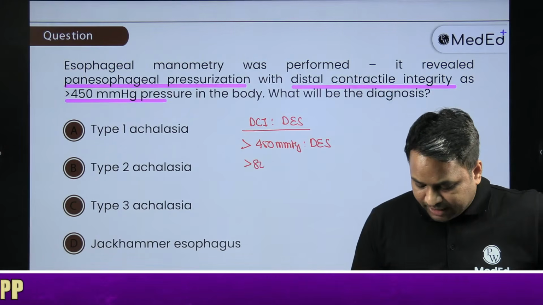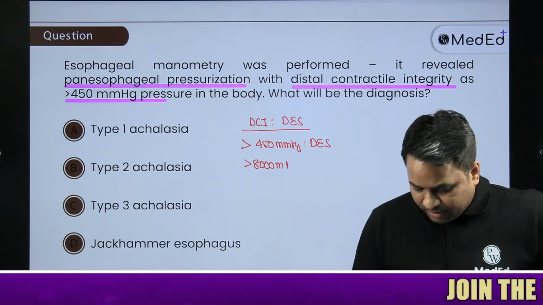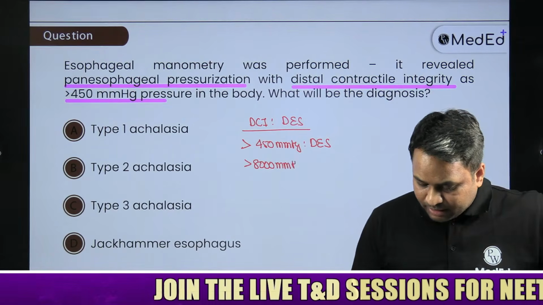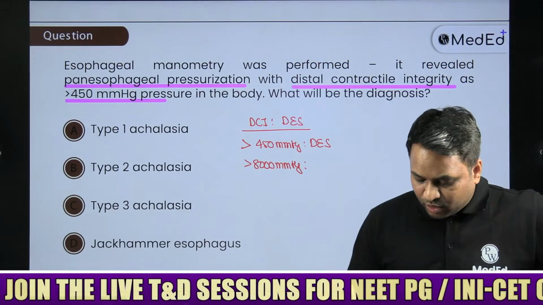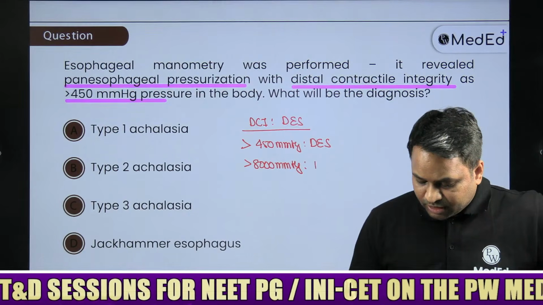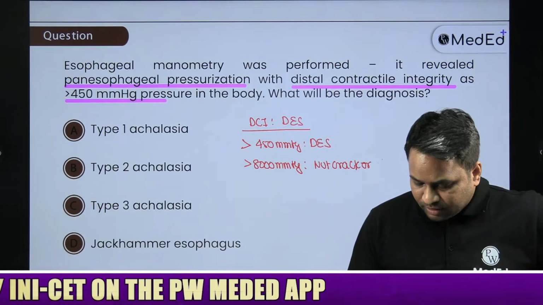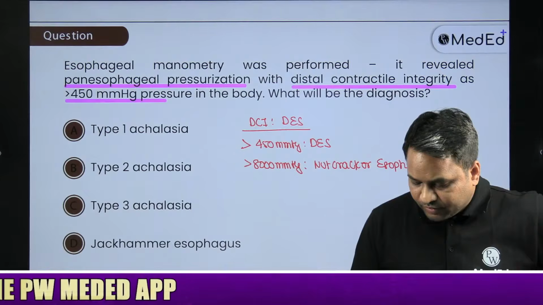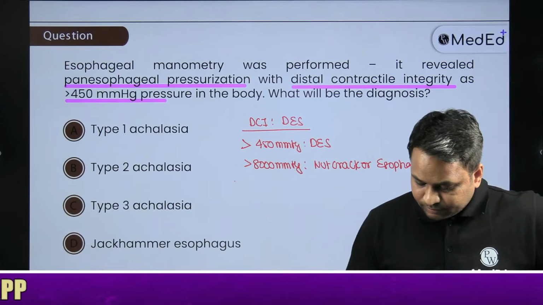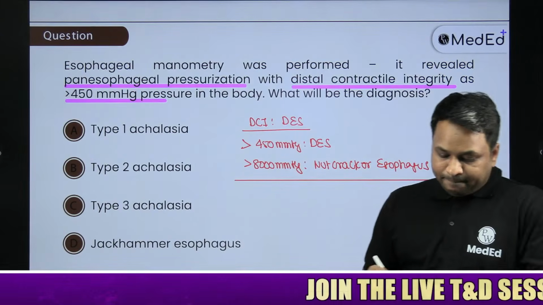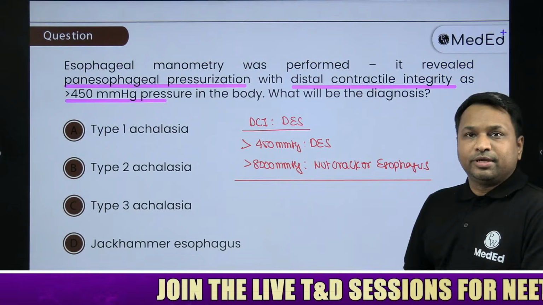If it is more than 8,000 millimeters of mercury, then we call it the nutcracker esophagus. Right? So what do you think the answer is going to be here?